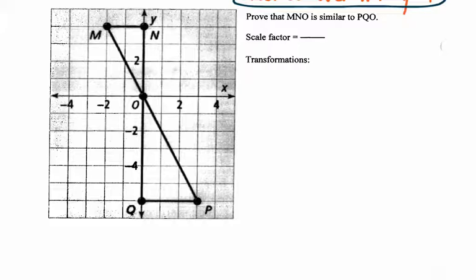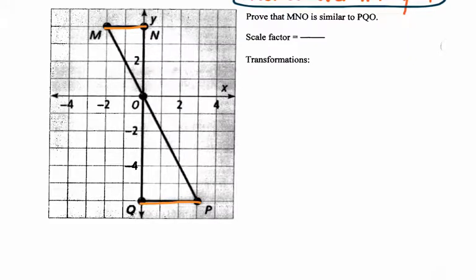So I'm going to start at MNO and put it onto PQO. So find the length of MN, and that matches with PQ.